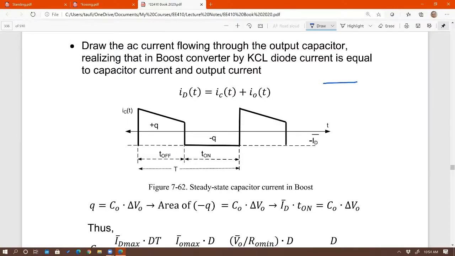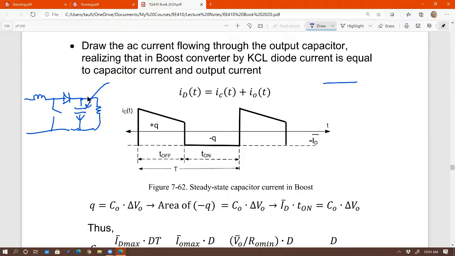Okay. So when we have a boost converter right there, just quickly, you can see that if you put the output capacitor, can somebody tell me real quick that the capacitor current waveform must be derived from whose current waveform? I'm looking at the output. Whose current waveform? Diode, yes.